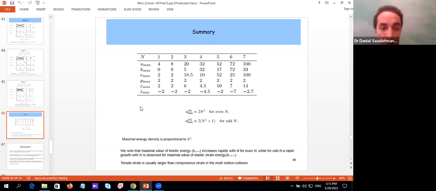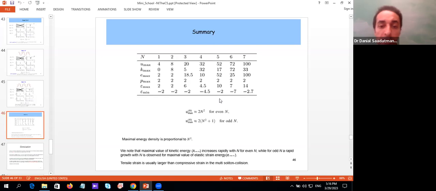From this table, we note that the maximal value of kinetic energy increases rapidly with n for even n. For odd n, a rapid growth with n is observed for the maximal value of elastic strain. As you can see, the on-site potential doesn't change during the interaction, but the tensile strain also increases.